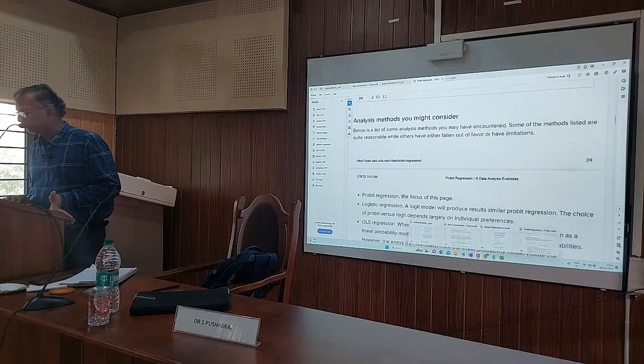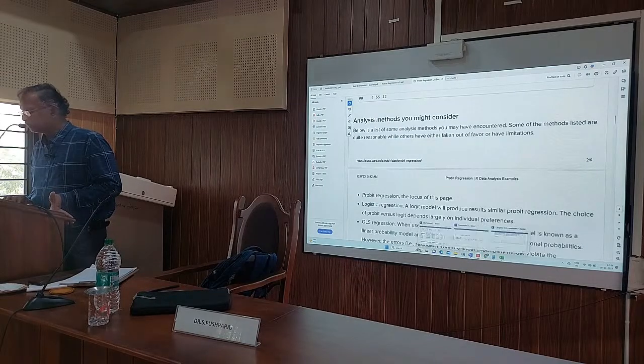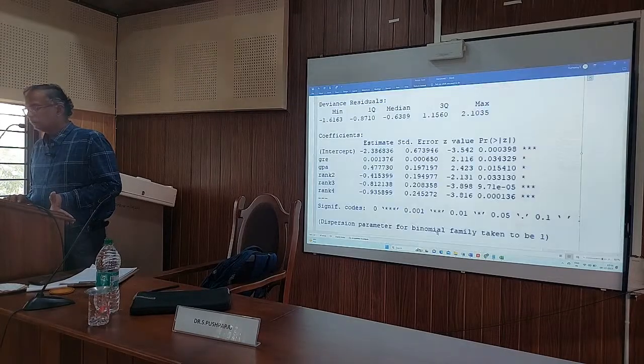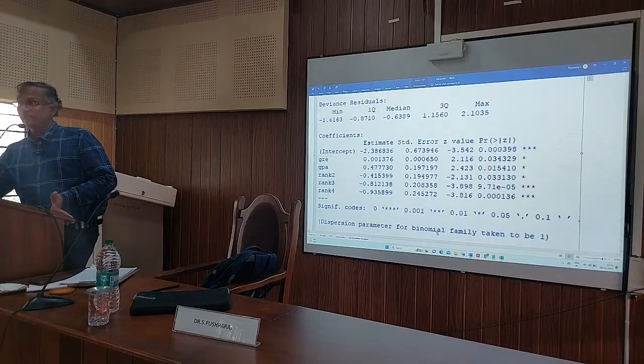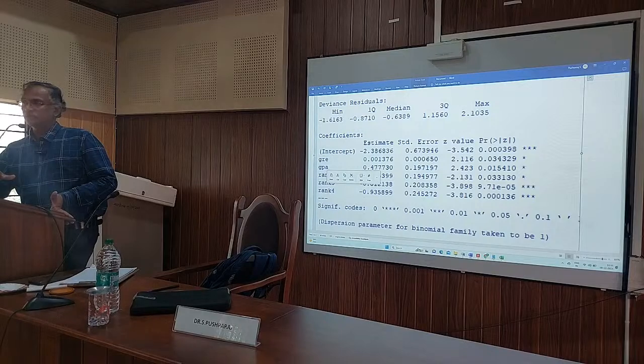Let's see. Now we can see the results. Rank 2, rank 3, rank 4, in relation to the first category. For top percentile students, what is the chance for second category students, third category, and fourth category? So the base is top ranking students.